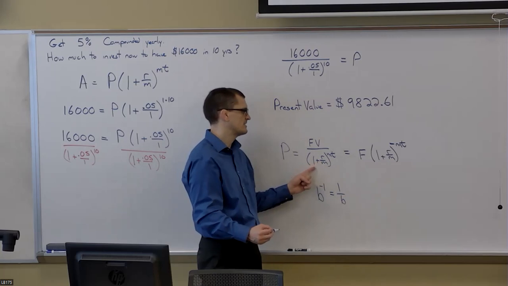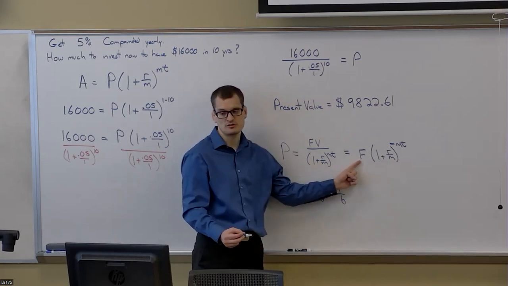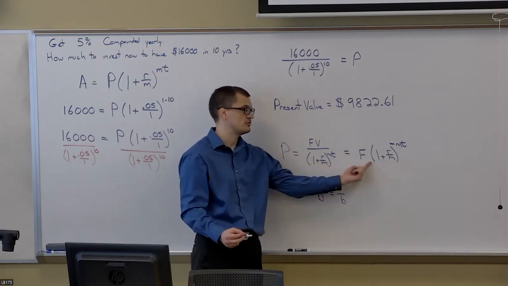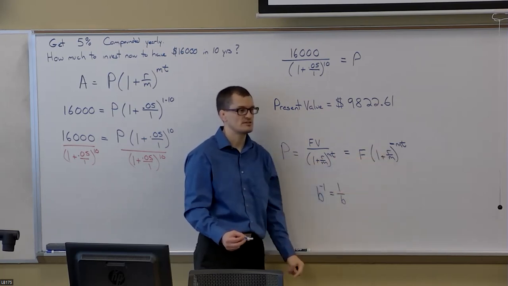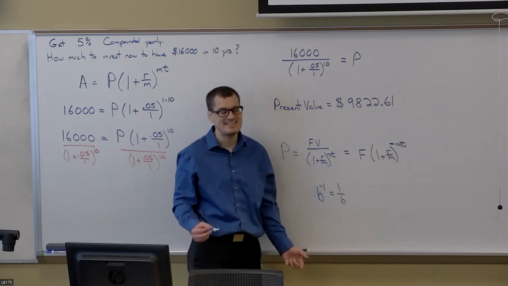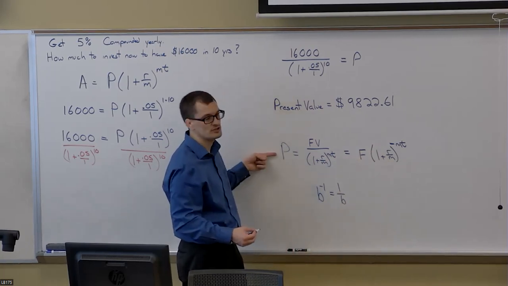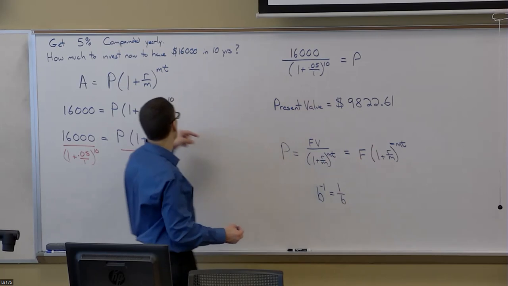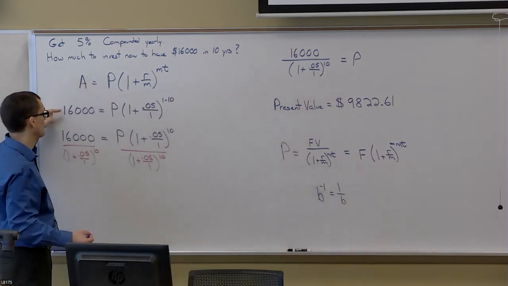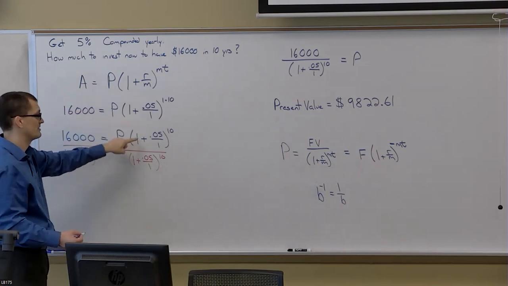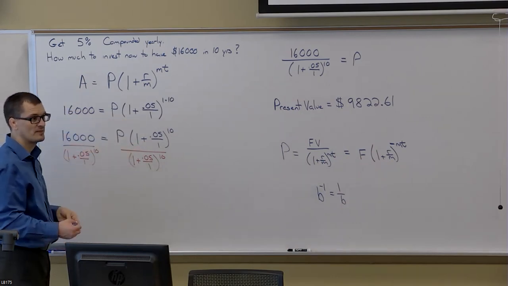So a lot of times you'll see the future value, present value equation written in this version with a negative exponent. Again, I tend not to do those versions because we already have a perfectly fine version right here that we can solve by just dividing both sides by that number.